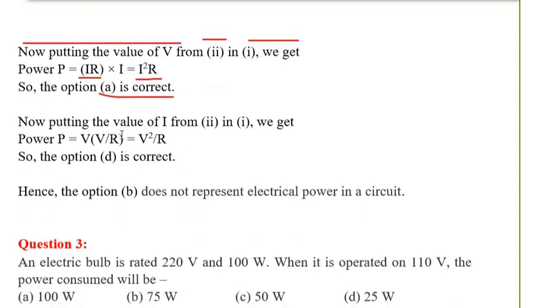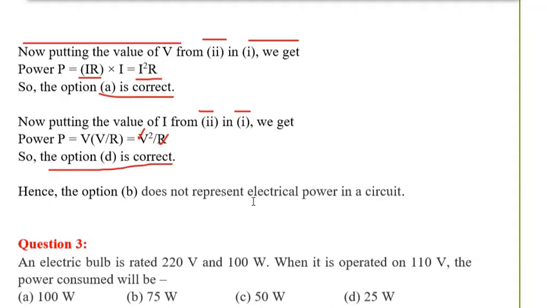Now putting the value of I from 2 in 1, then we get power equal to V into V by R, that is V square by R. So the option D is correct.